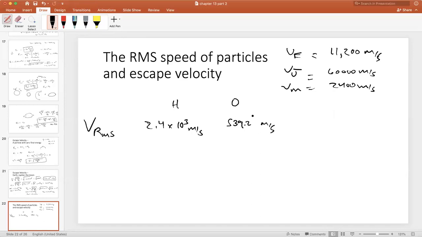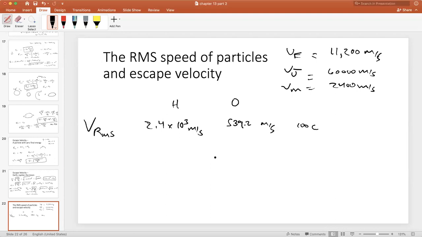This is actually at around 100 Celsius, and I think for hydrogen, that number is actually higher, I think it's like 190 degrees. Regardless, these are the root mean squared speeds.